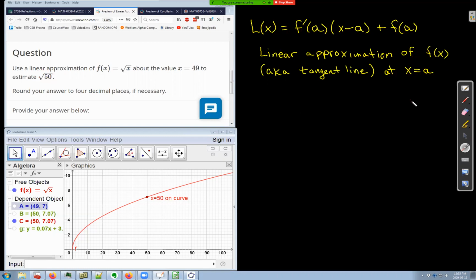And so the question that always comes up is, what's A? Because obviously A is very important in this formula, and how do I figure out what A is? Well, there's a short answer and there's a long answer.